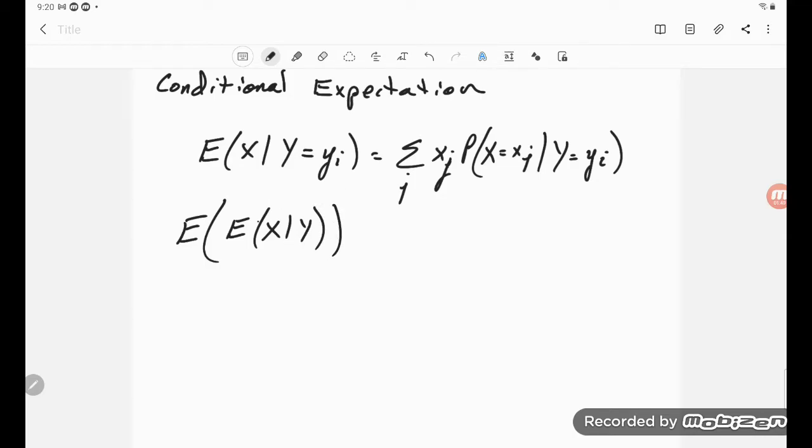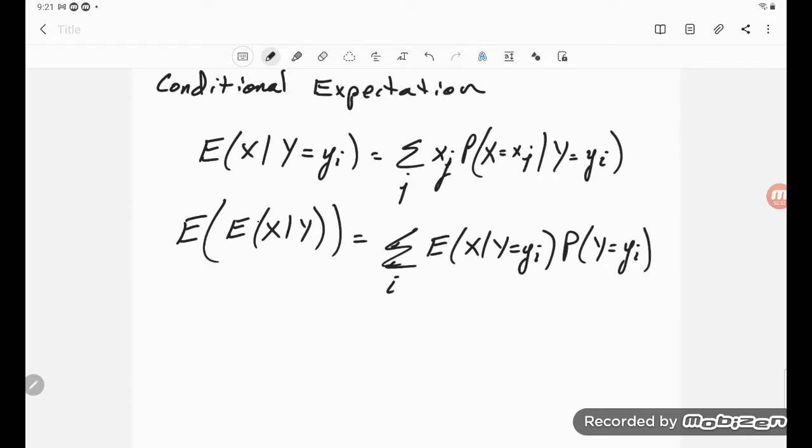Now that is equal to the sum over the i's of the expected value of x given y equals yi times the probability that y equals yi.